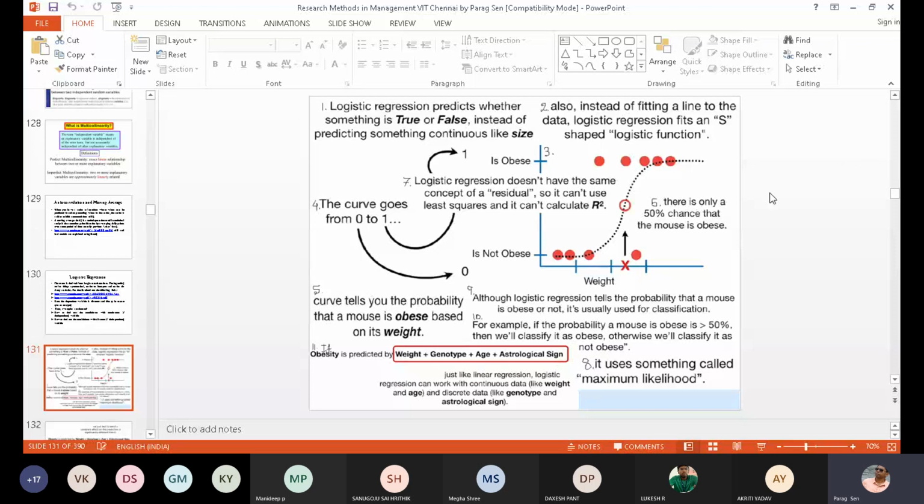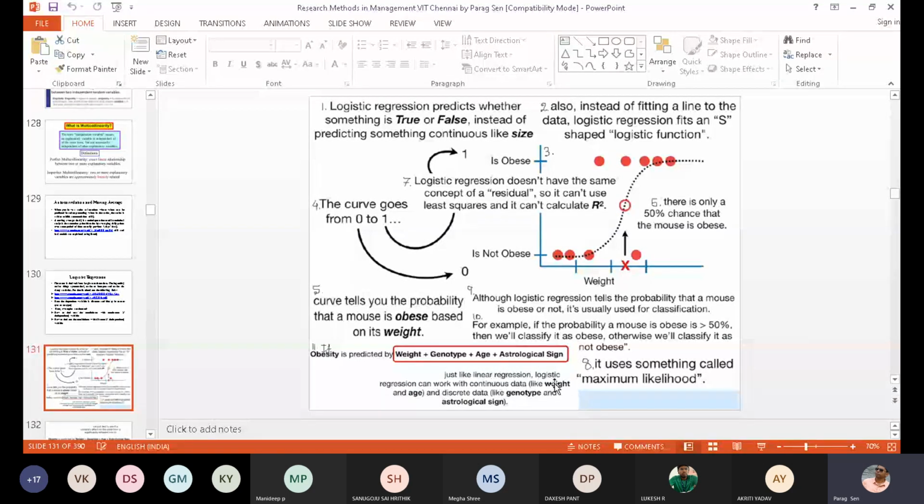You can see that here only the weight is given along the x-axis, only one independent variable is shown, but instead of one independent variable, you may have more than one. For example, obesity may be predicted by weight plus genotype plus age plus astrological sign.